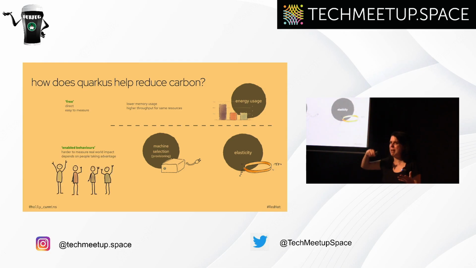You need someone to make the change. But you can run on a smaller machine than you were used to, and that's going to save carbon. And you can have that elasticity and stop your instances without needing to keep them up just in case. And again, that's going to save carbon. So these are all benefits to think about when you think about the whole picture of how am I going to reduce my carbon footprint.